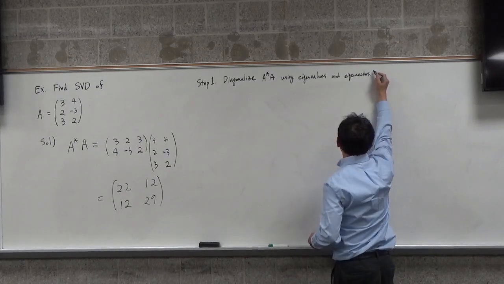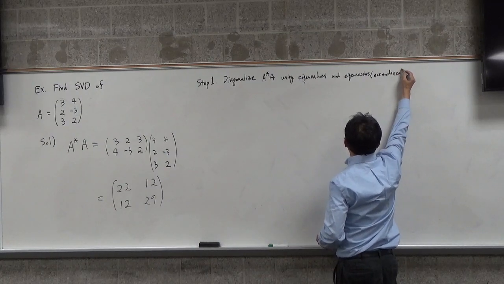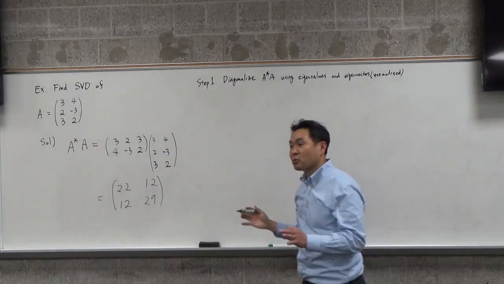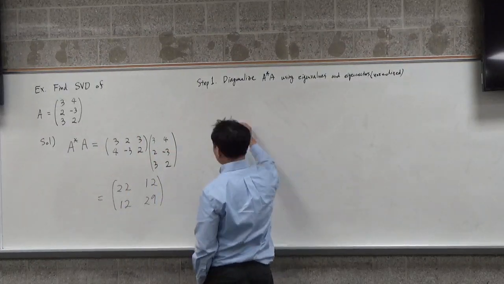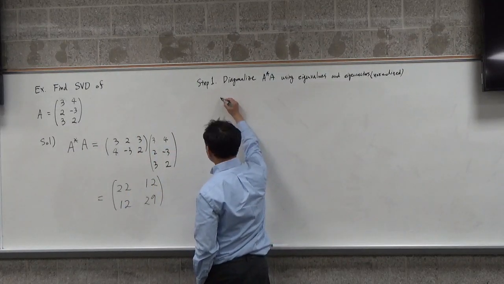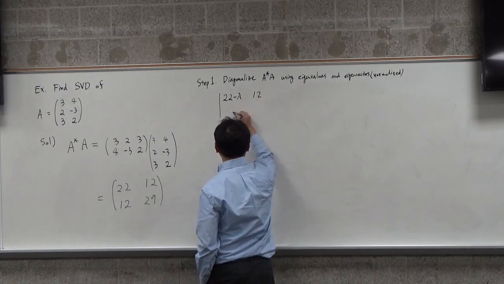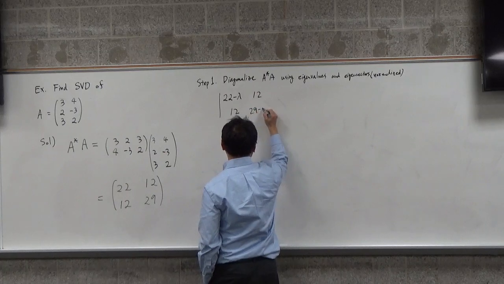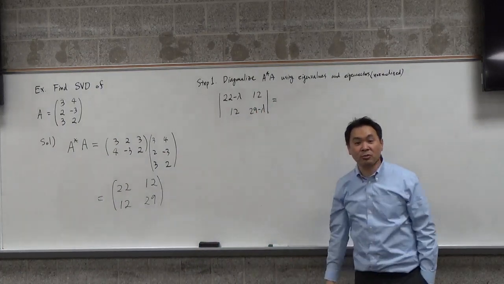And here, eigenvectors should be normalized, so that the end result is that your eigenvectors form an orthonormal basis. Right? Okay, so let's find the determinant of 22 minus lambda, 12, 12, 29 minus lambda, and setting this equal to 0 gives you the eigenvalue equation.